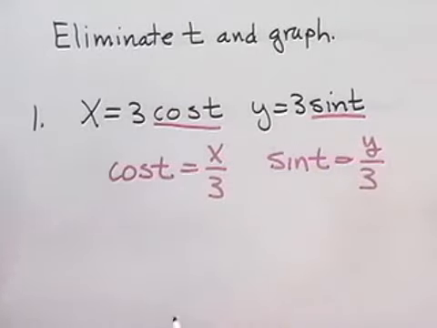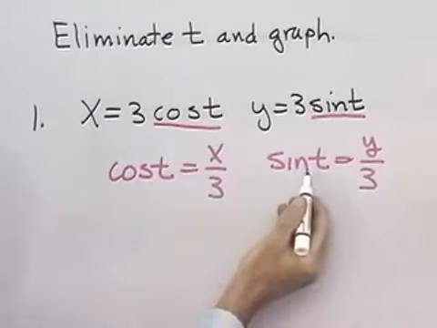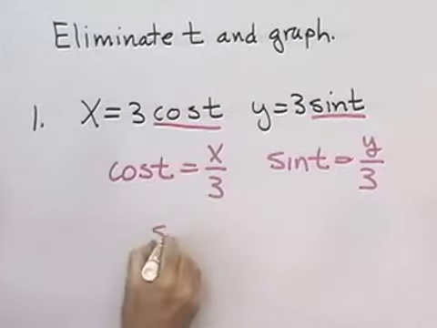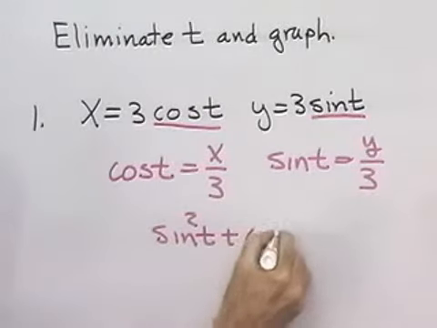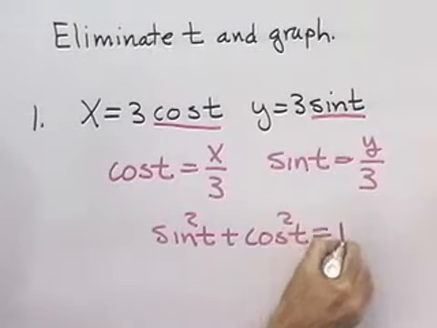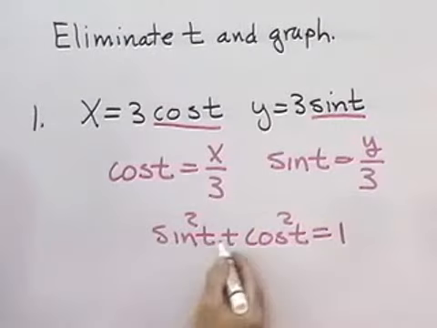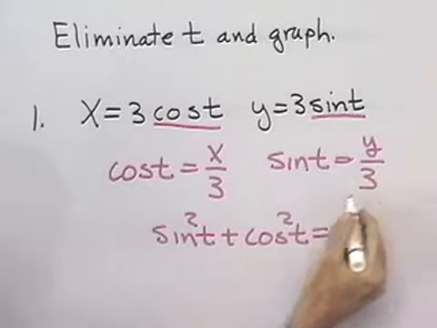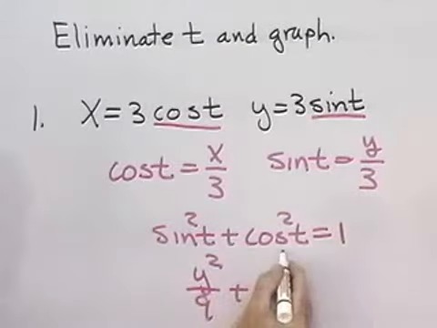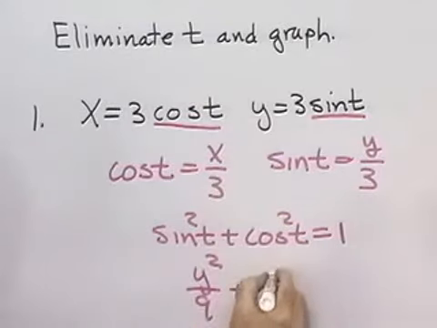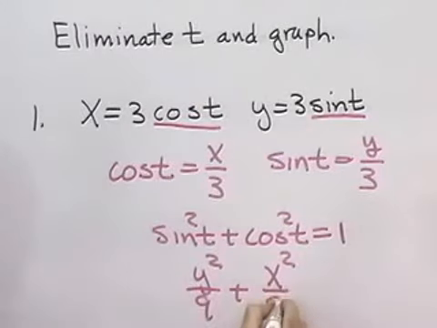Now, I can eliminate this parameter t by noticing that sine squared t plus cosine squared t will be equal to 1. So sine squared t is going to be y squared over 9. Cosine squared t will be x squared over 9. And that's equal to 1.